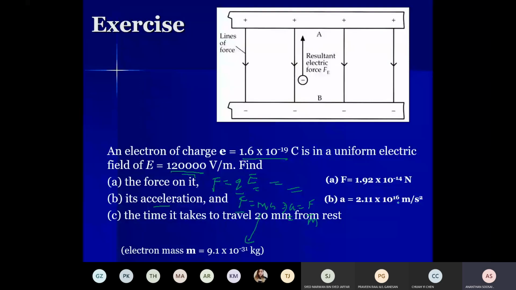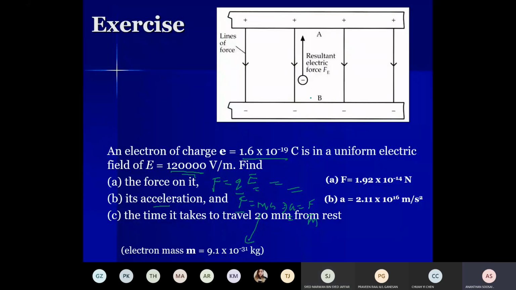Okay, now work out for me. One minute for you. Work out, give me the answer: the time it takes to travel 20 mm from rest.